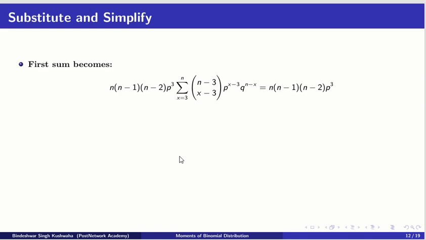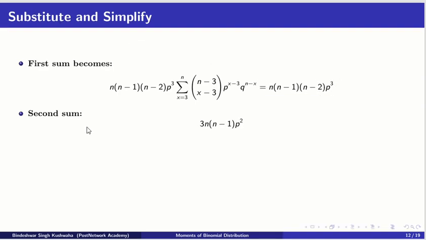Thereafter the first sum becomes n(n minus 1)(n minus 2)p cube. The same way the second one is 3n(n minus 1)p square, and the third one is np, that is the mean.